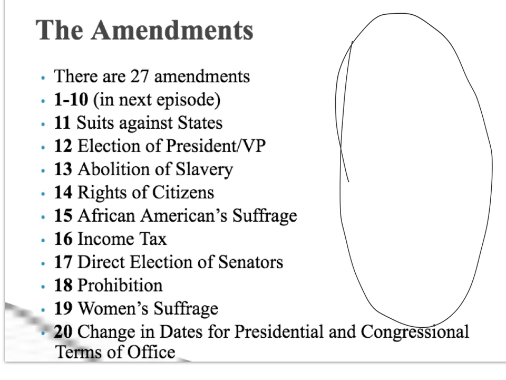Amendment 22 sets a two-term limit on presidential tenure. That means that you can only be president for 2 terms or 8 years. The 23rd Amendment gives the right to vote in presidential elections for the residents of the District of Columbia. So if you live in Washington, D.C., you could now vote even though it's not a state. The 24th Amendment banned poll taxes in federal elections.